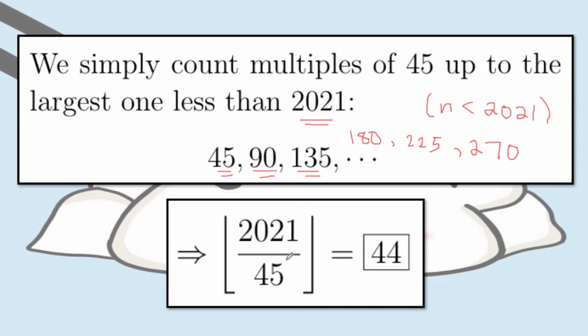If you actually do this, it's going to give you 44 and 41/45. So it's almost 45, but not yet 45. So we just take the greatest integer that is less than this. We have the answer of 44, and this will be our final answer.